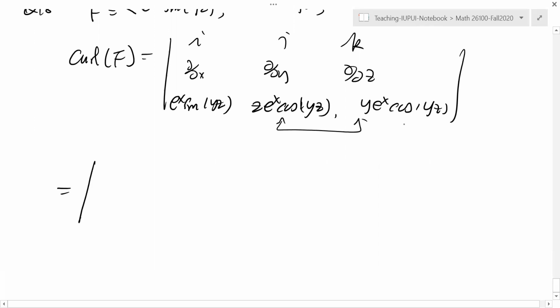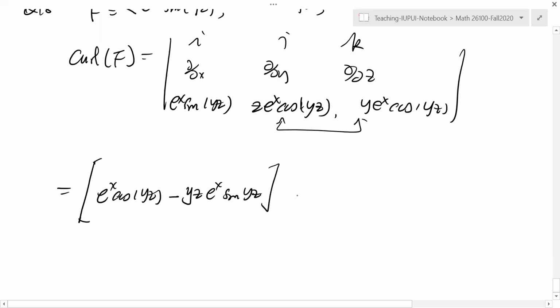When I differentiate, wow, it's lots of terms here. So the first term, I'm not going to write exceptions, is by the product rule. Then differentiate with respect to y, it's negative yz e to the x sine yz.